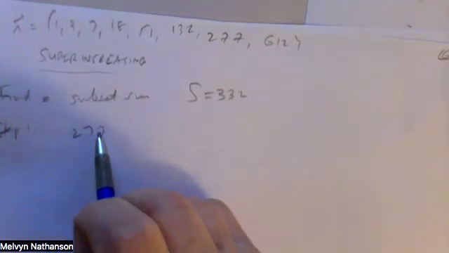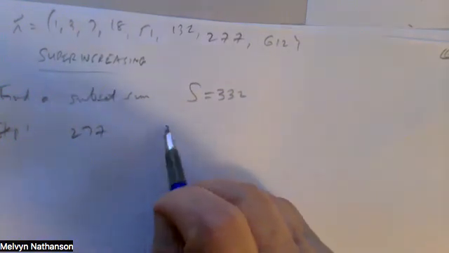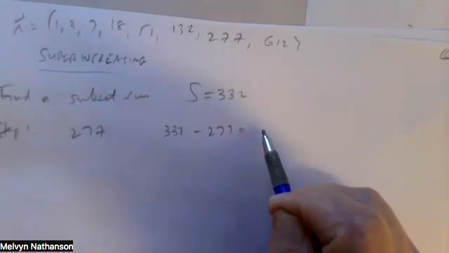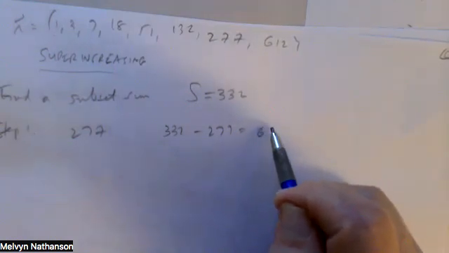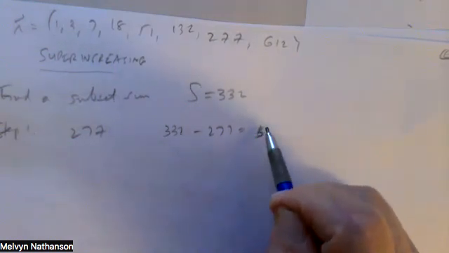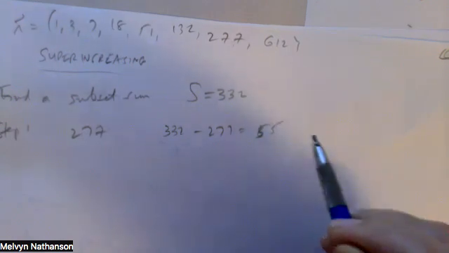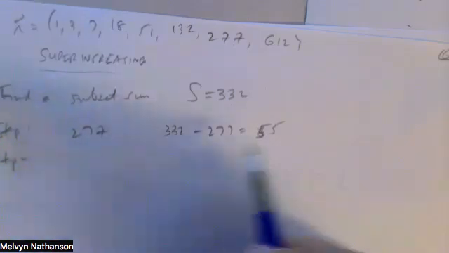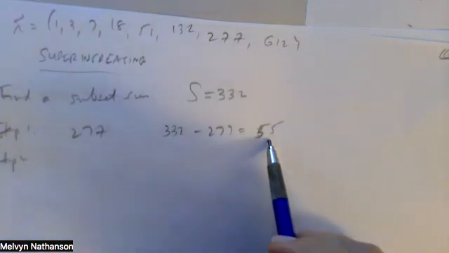That's 277. And 332 minus 277 is 55. Step 2, find the largest element less than or equal to 55.